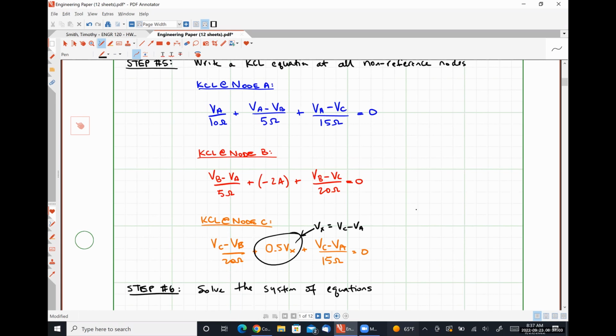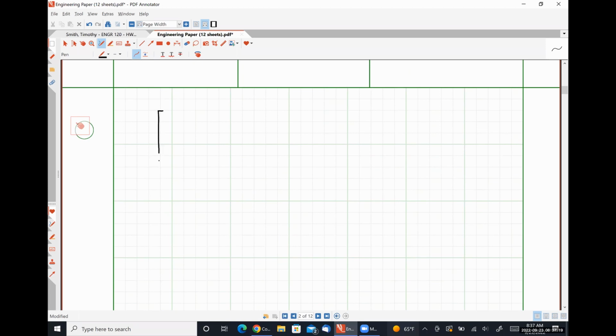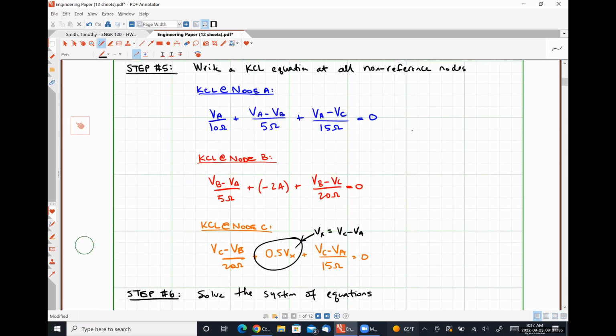So the coefficient for VA in my first equation is going to be 1/10 plus 1/5 plus 1/15, because everywhere I see VA, that's what it's being multiplied by. So I'm going to have 1/10 plus 1/5 plus 1/15. That's my coefficient for VA.